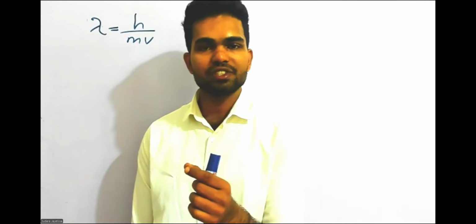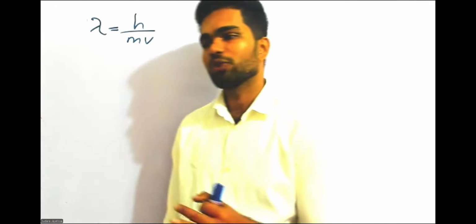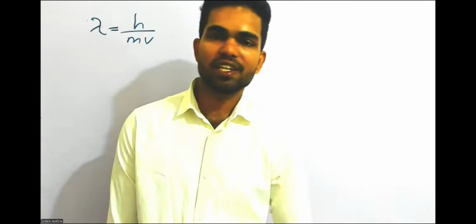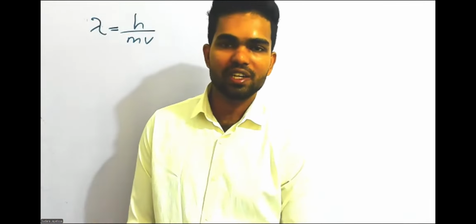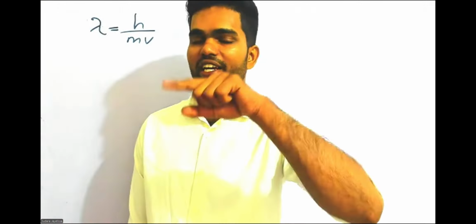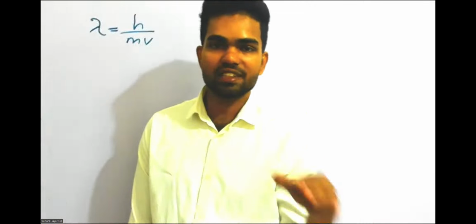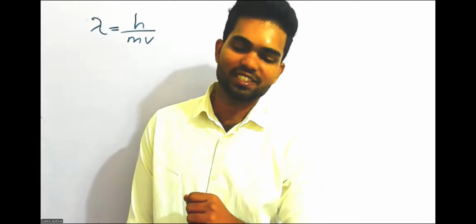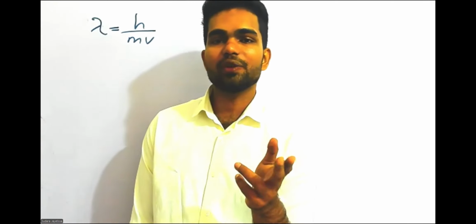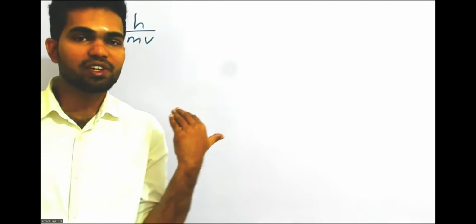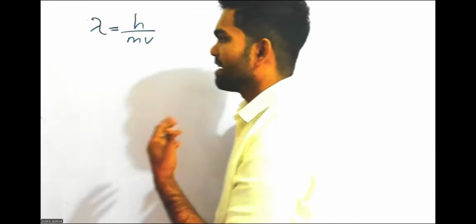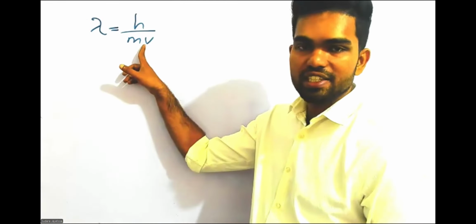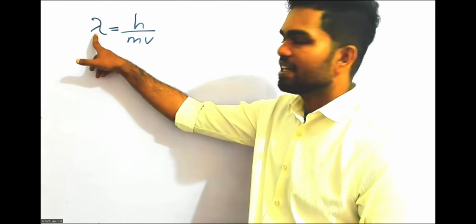The photon, which you learn in the Planck theory, is a good example to say that waves behave as particles. Because in the photoelectric effect, what is happening? Photons are coming and knocking out the electrons. So for that, photons must behave as particles. Understand? And then you have the de Broglie equation. It shows that a particle, something that has any mass, if it is moving with some velocity, will have a wavelength.